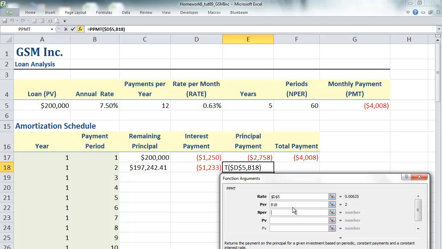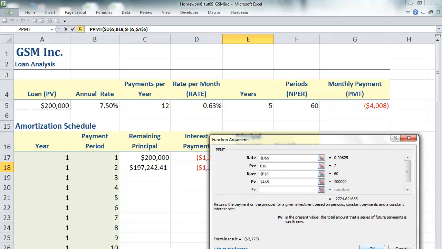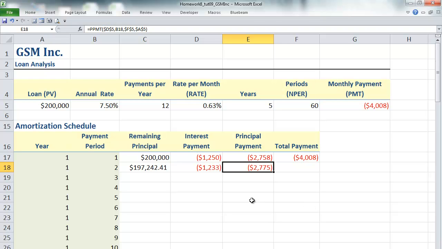The total number of payment periods over the life of the loan is in cell F5. We freeze that. The present value of the loan was the original loan amount. That's in cell A5. We freeze that. We click OK. And for payment number 2, we see that we are repaying $2,775 of the principal.